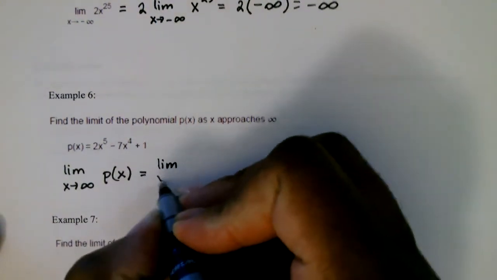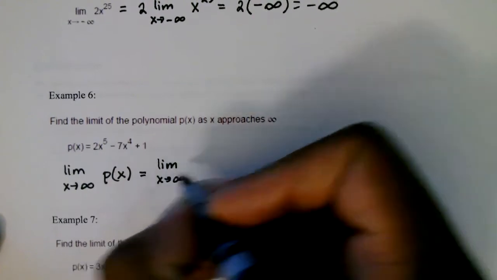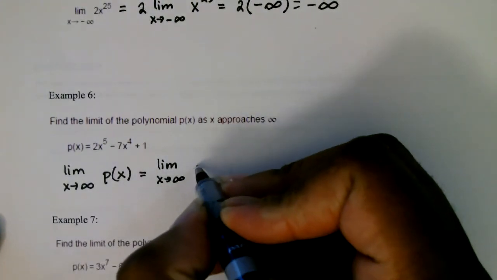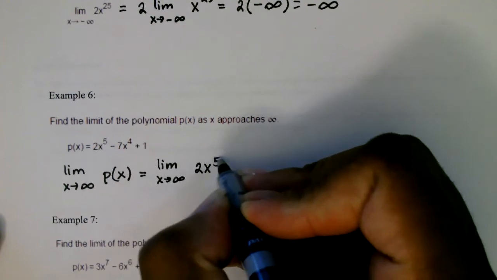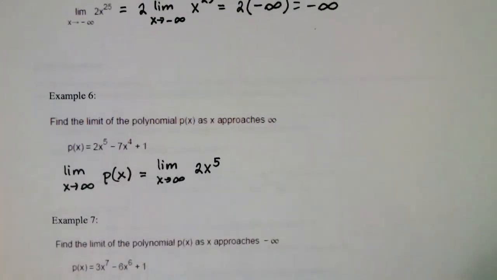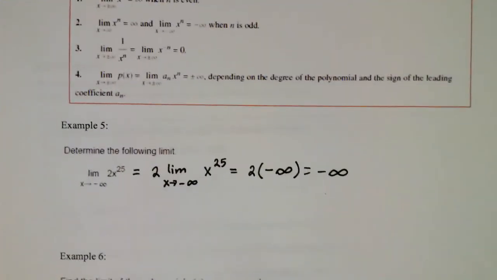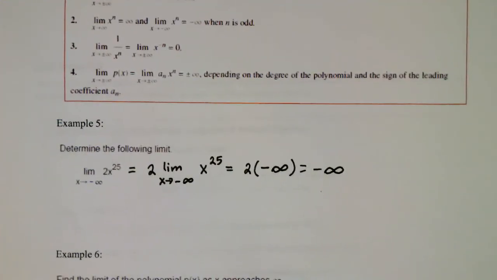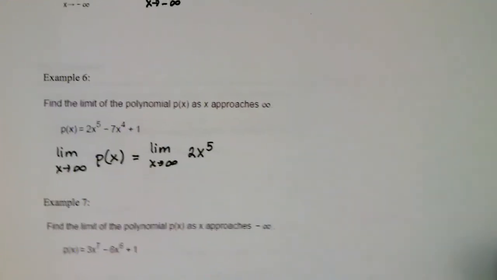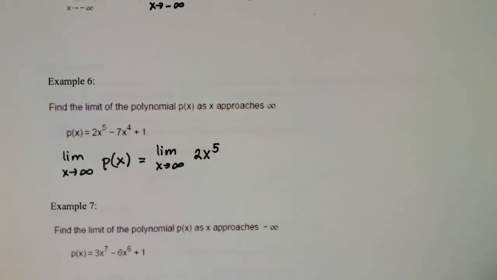So the limit as x approaches infinity of 2x to the 5th. In this case, I'm using number 4, where for the polynomial function p of x, I just focus on the leading term, a sub n x to the n. Now I need to look at the degree of the polynomial and the sign.